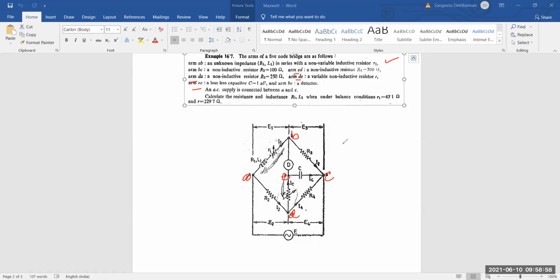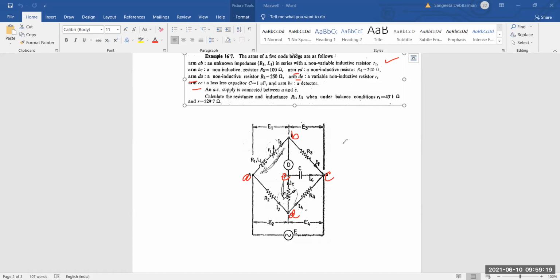Now this is somehow an Anderson bridge. It's not required that in all problems they will tell you this is Anderson, this is Schering. Sometimes you also have to understand, seeing the problem and the circuit diagram, what the bridge could be. In this problem also, the same thing happened.